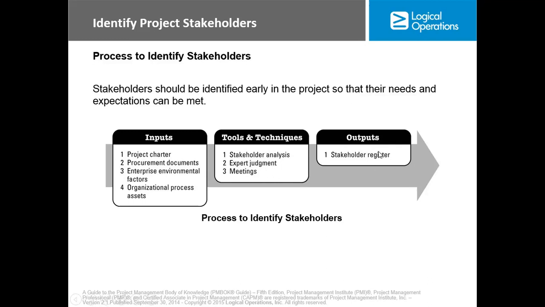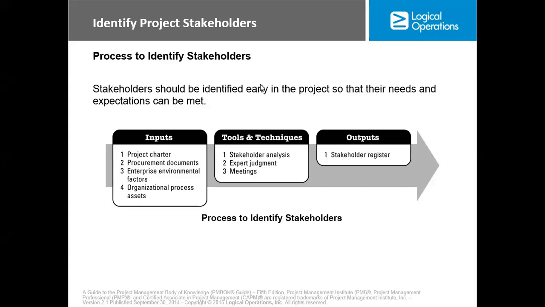The output is the stakeholders register. Okay, the tools and techniques for this particular process include stakeholders analysis, expert judgment, and meetings. The output we have is the stakeholders register.